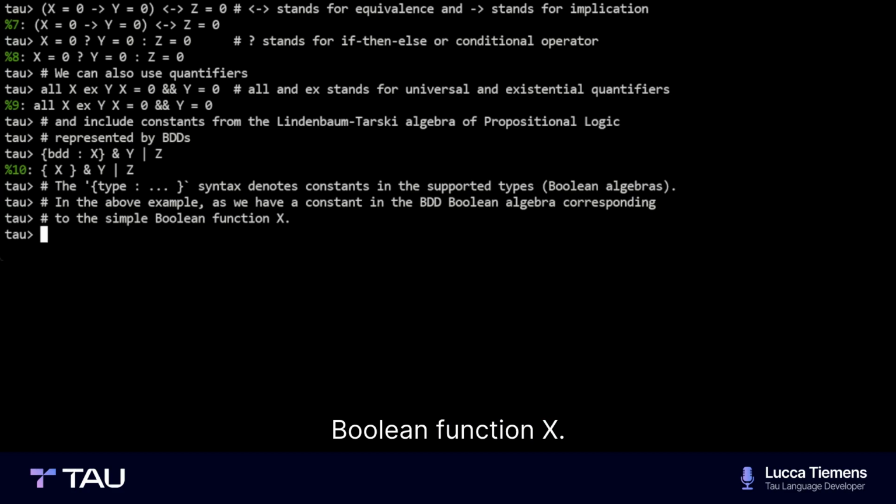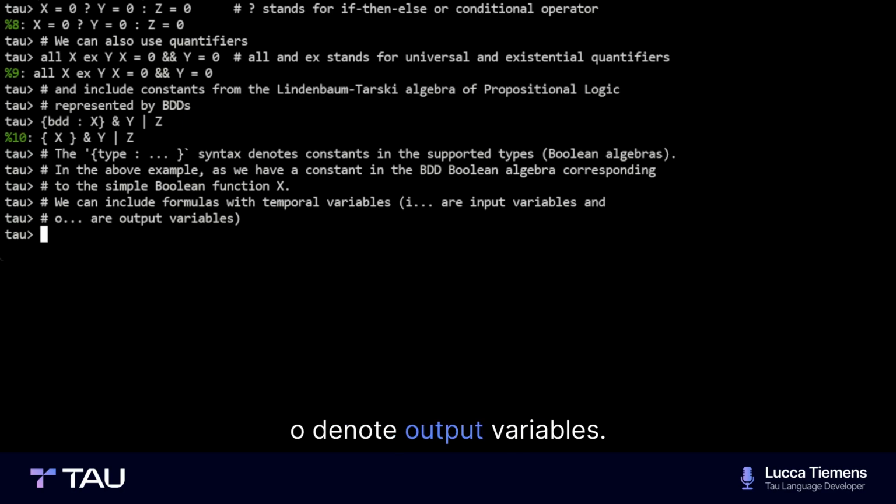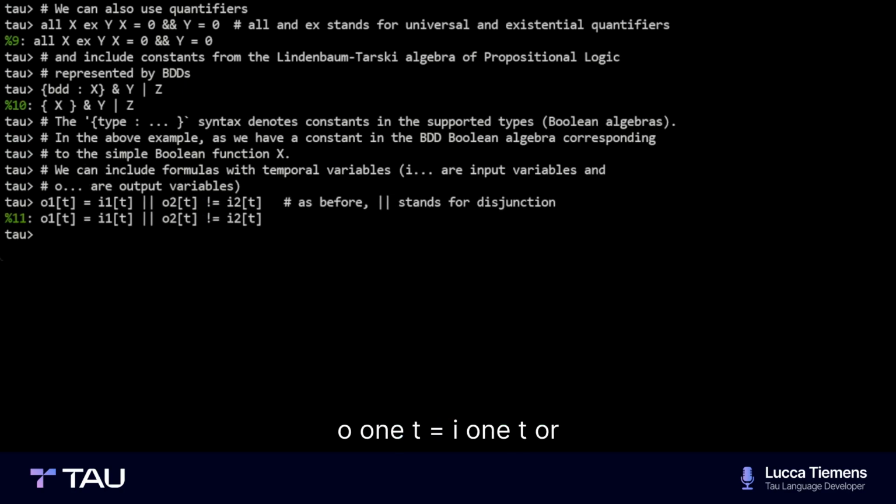We can include temporal variables in formulas. Variables starting with i denote input variables, and variables starting with o denote output variables. For example, o1[t] = i1[t] || o2[t] != i2[t] denotes a Tau program that says that the output 1 at time t equals the input 1 at time t, or the output 2 at time t is unequal to the input 2 at time t.